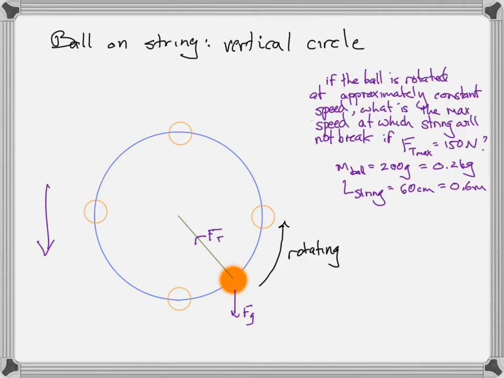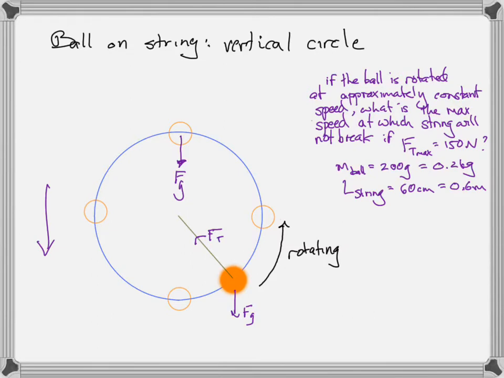There's always gravity, Fg pointing down. And then what else is touching the ball? Make sure we understand the blue circle is just the circle that it's going in. It's not a physical thing. That should really be a dotted line to indicate the path of the ball. But anyway, Fg, and it's attached to a string.